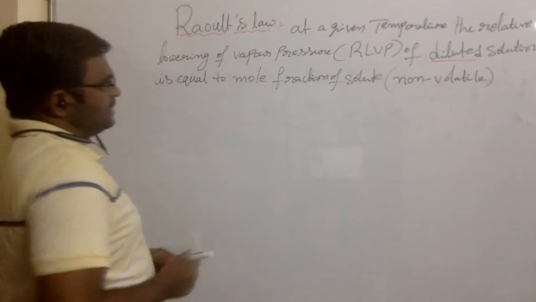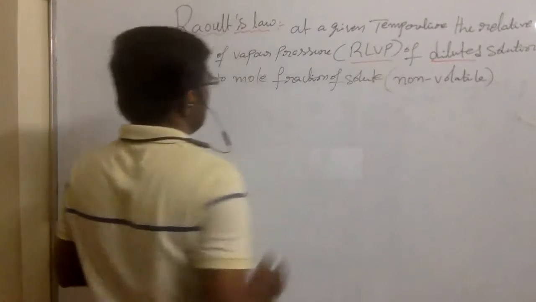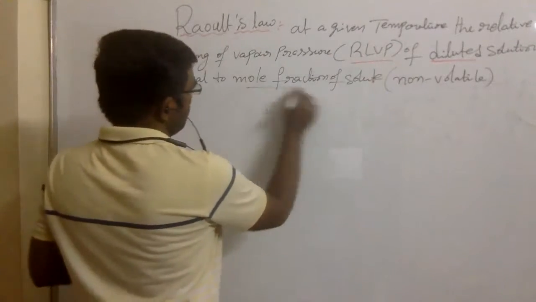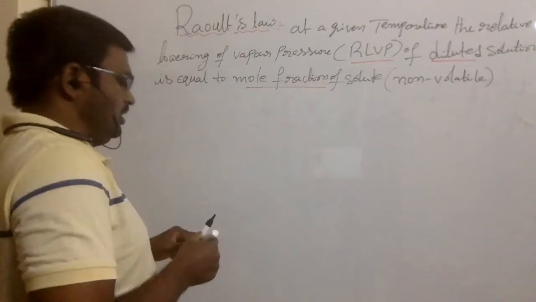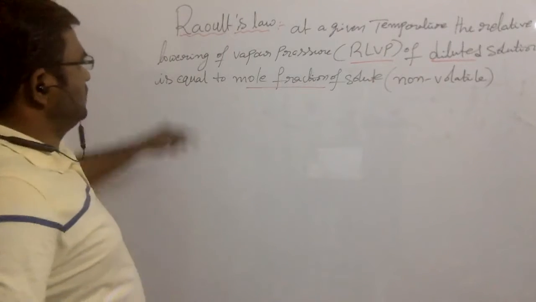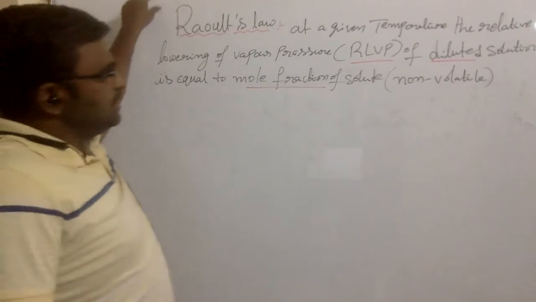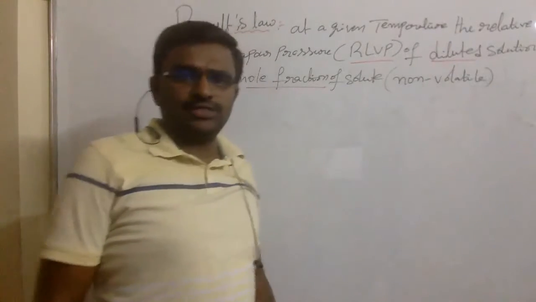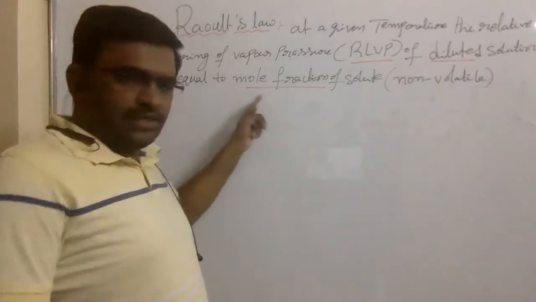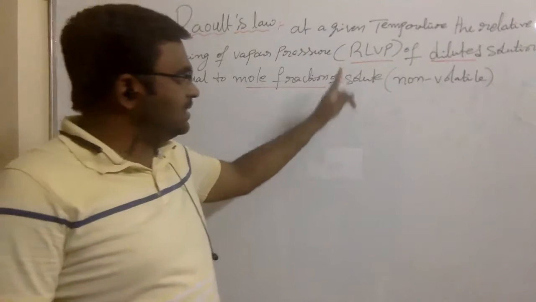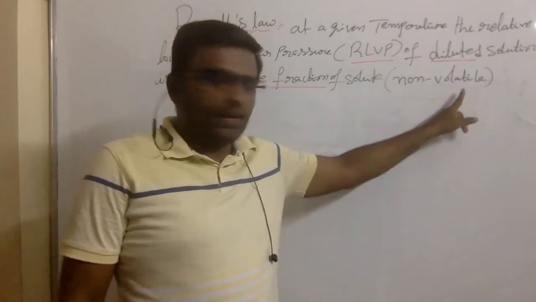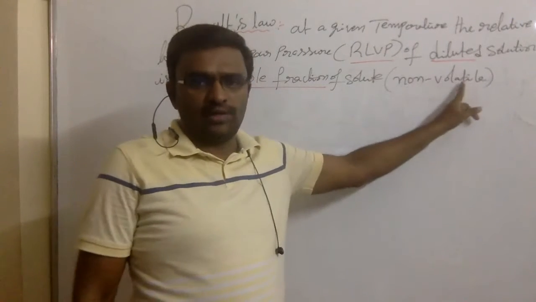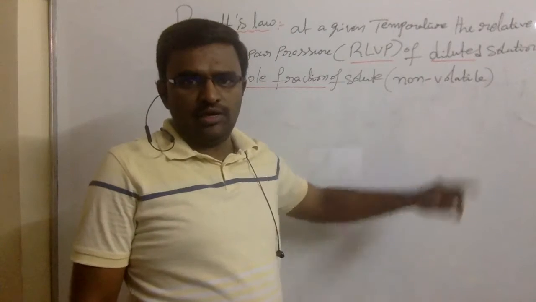In these cases, the RLVP is always equal to the mole fraction of solute. This is the exact definition or limitation. This is applicable for only diluted solutions. Moreover, the solution should contain only what type of solute? Non-volatile solute. Okay, understood?